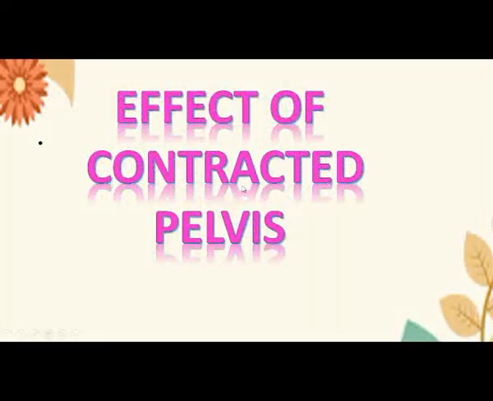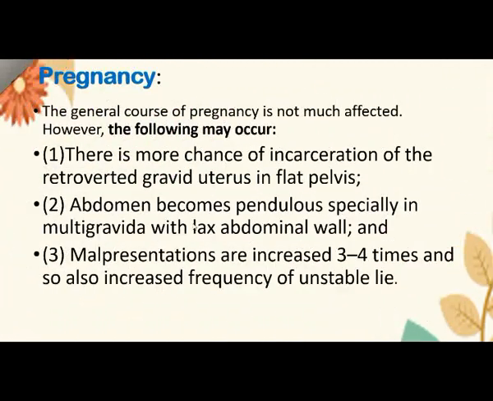Next, we can see the effects of the contracted pelvis. In pregnancy, the general course is not much affected. However, the following may occur. There is more chance of incarceration of the retroverted gravid uterus in flat pelvis.